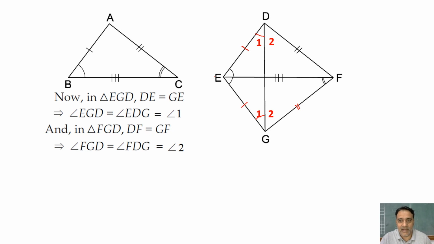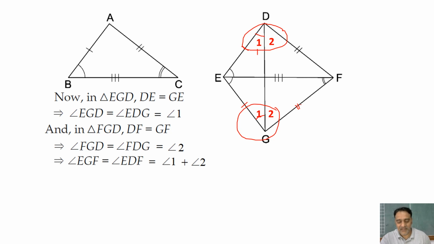So now I am going to add these two angles. This angle is equal to this one and this angle is equal to this one. So adding 1 and 2, we get angle EGF is equal to angle EDF. Any doubt? No, sir.